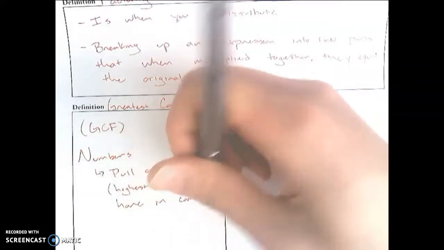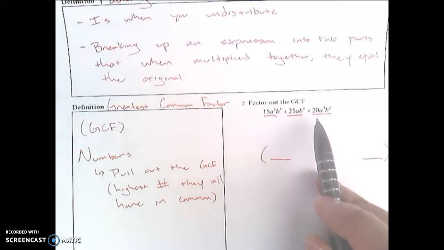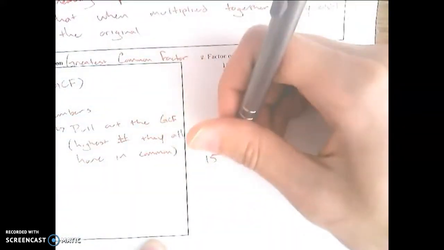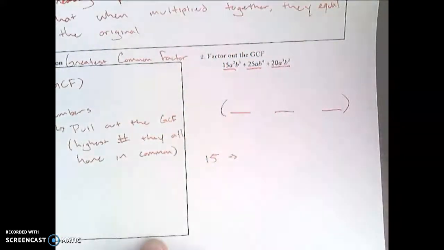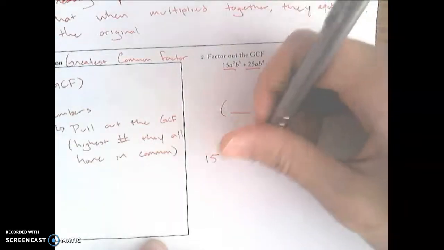So an example, I'm looking at the numbers here, 15, 25, and 20. What's the highest number that they all have in common? Well, in order to determine that, we can list out the factors of each of those. So what numbers multiply together to get to 15? Well, we have 1 and 15. We have 3 and 5.